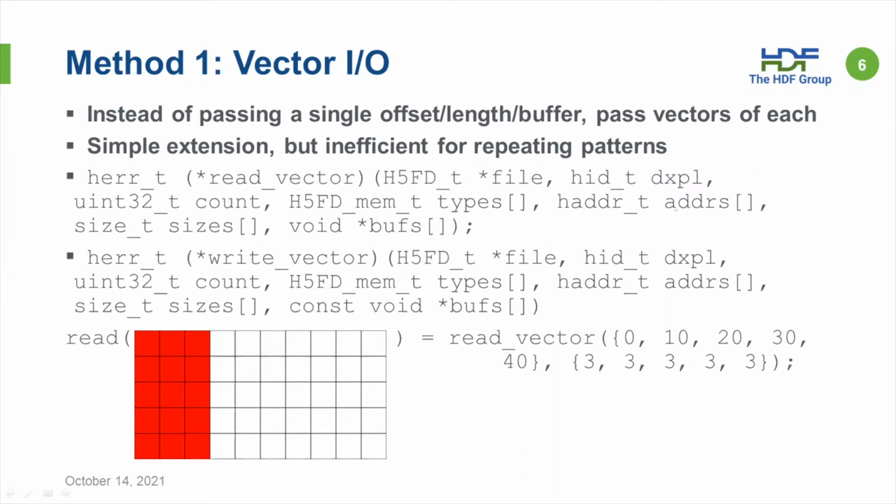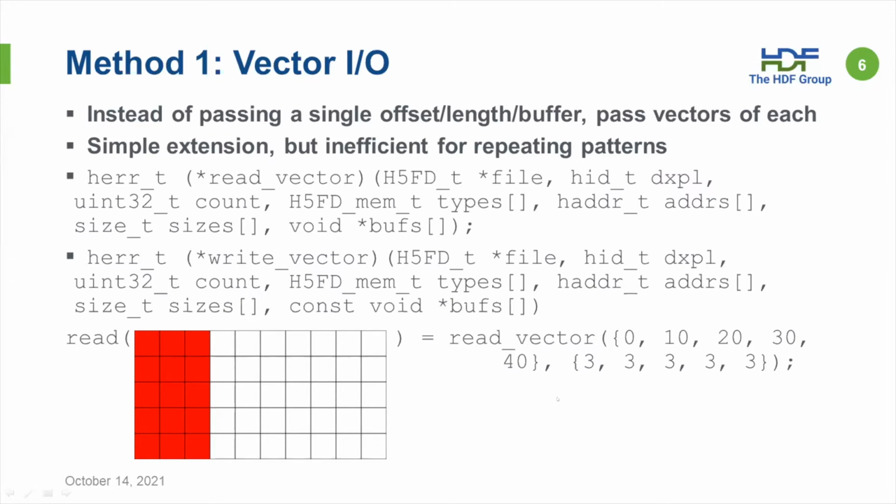So yeah, you can see it passes a count, and then arrays of addresses, sizes, and buffers, and also memory types, but that's not as important. That tells you if it's metadata or raw data. And same thing for the write here. So when you take the same example that we looked at last time, whereas previously it was 5 read calls, now it's a single read call, just with arrays of length 5.